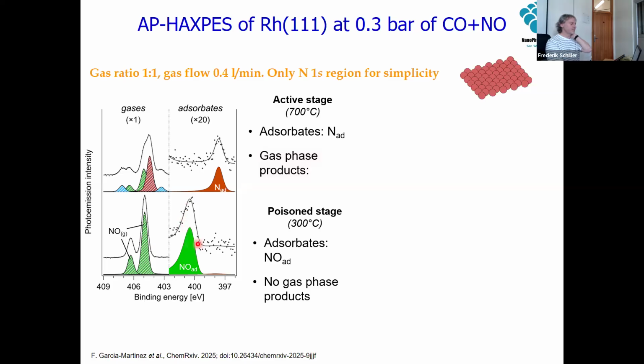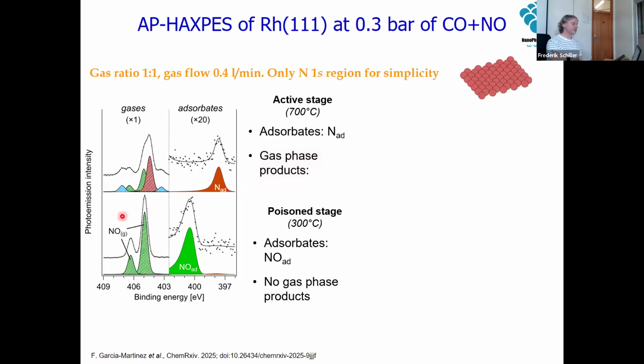Everything is poisoned. And the advantage of this ambient pressure is that we are not doing only photoemission on our sample, we are also doing photoemission on the gases that are in between the analyzer and the sample. And then we have a direct look at the gases that we produce.